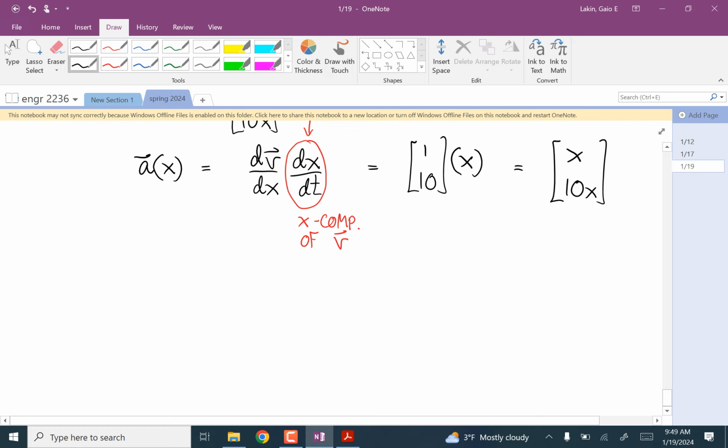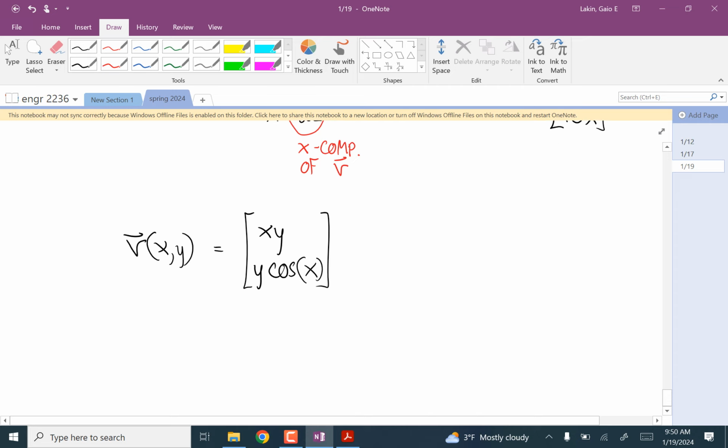But let's say that you knew that this was equal to xy, y, and then y cosine of x or something. And you wanted the acceleration.